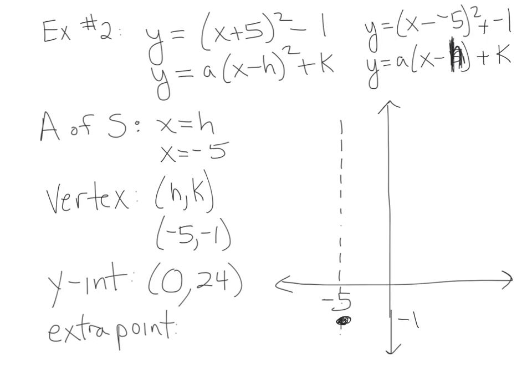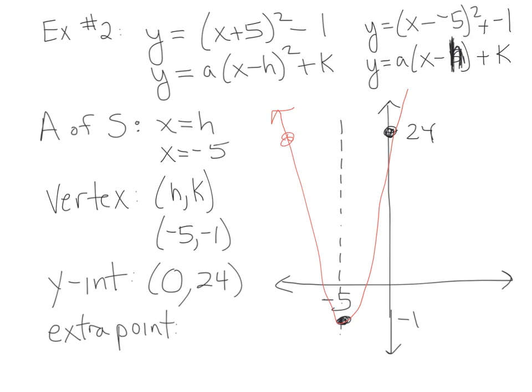The y-intercept is way up at 24, so let's say that's here. Since this is a turning point, this parabola must go something like this.